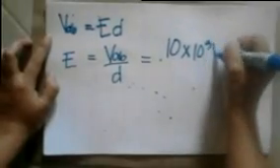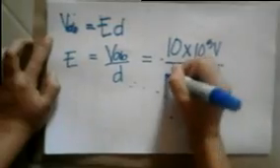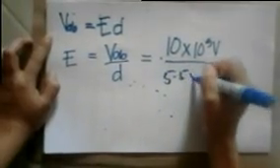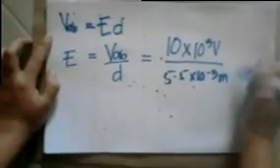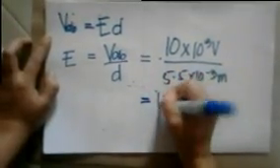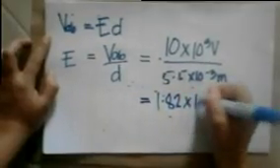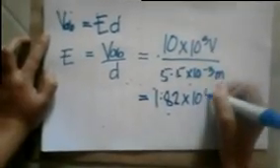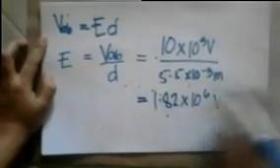The field between the plates is uniform, and from V sub AB is equal to ED, we can find E is equal to V sub AB over D. We have potential difference 10 times 10 to the 3 volts over our separation distance 5.5 times 10 to the negative 3 meter, and we have 1.82 times 10 to the 6 volts per meter.